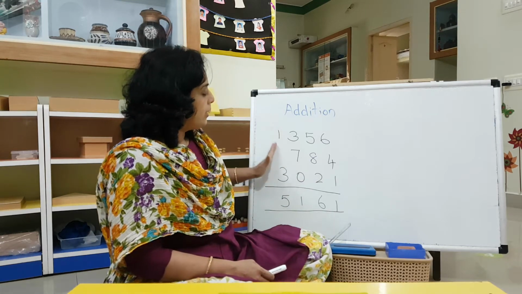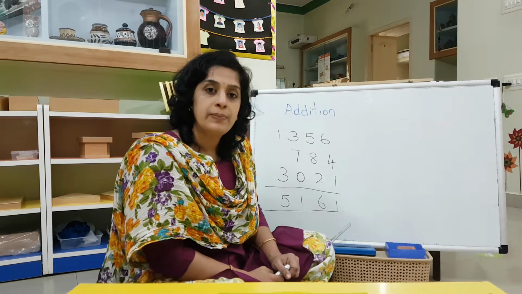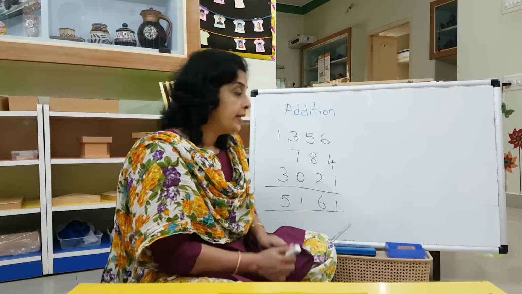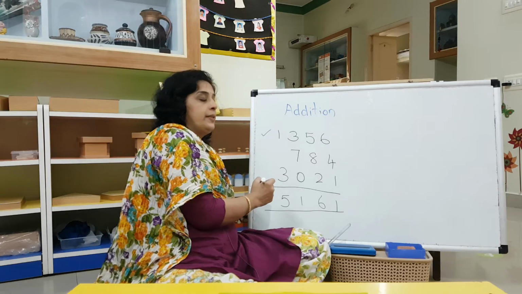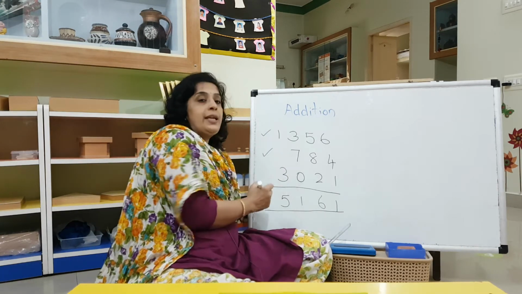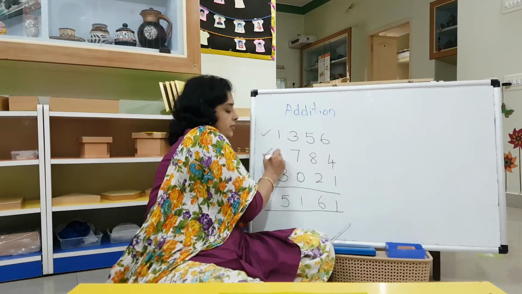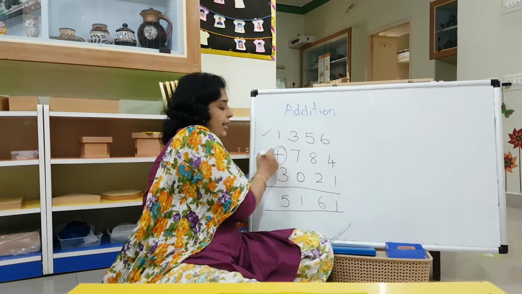Now, all these quantities have names, and that's what I am going to teach you today. Are you ready? This is one quantity, this is your second quantity, and this is the third quantity, and you were adding them, is it not? This is a symbol for addition.